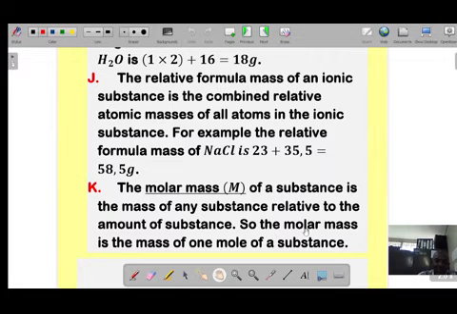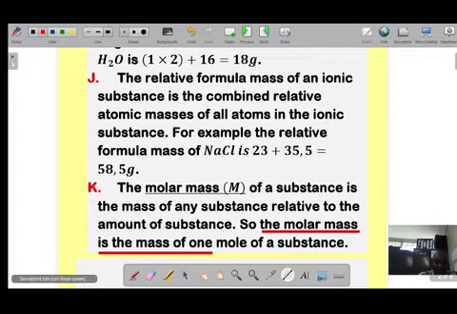So, the molar mass is the mass of 1 mole of the substance. Okay. Let me highlight this because you can ask it in your tests. What is molar mass? The molar mass is the mass of 1 mole of a substance. Let us proceed.